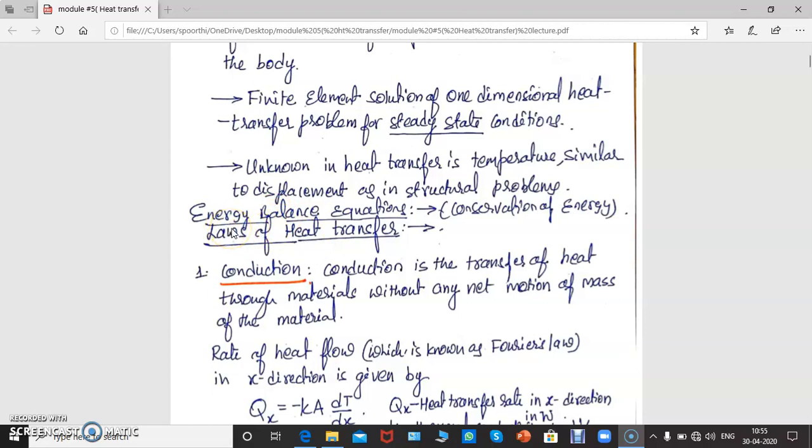I am going to explain the theoretical aspect in brief. First, the energy balance equation. Like we had the equilibrium equation in static structural problems, the energy balance equation is based on conservation of energy, heat in is equal to heat out. That equation I have not written here, you can refer to the textbook.